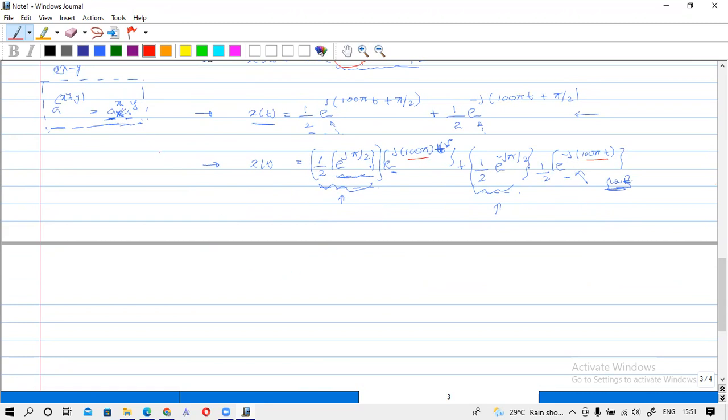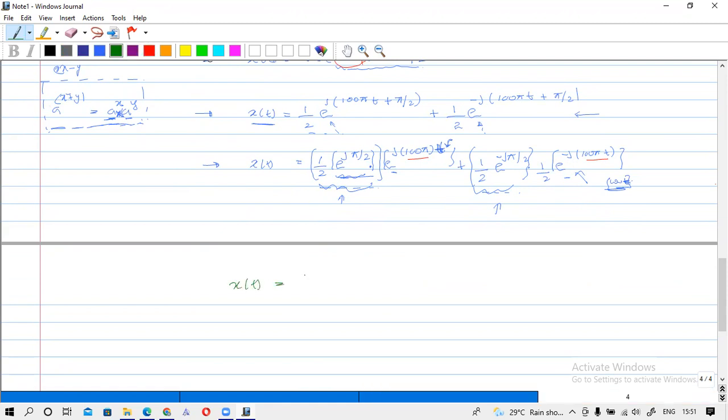So I will write this signal again as half e to the power j π by 2, e to the power j 105 t, where 105 is omega naught and here we have t, plus half e to the power minus j π by 2.